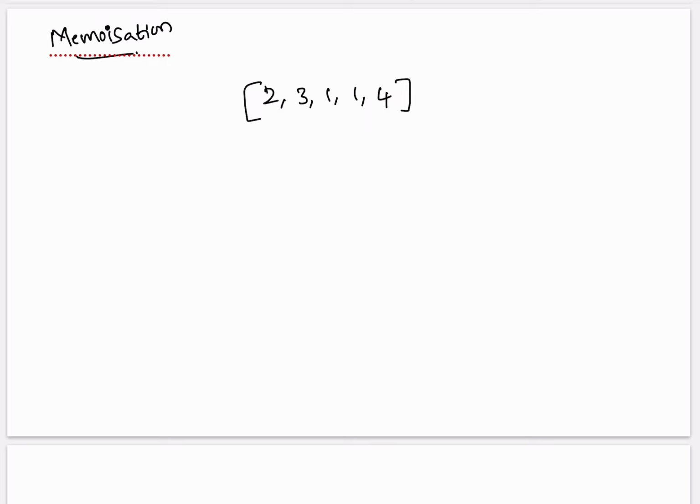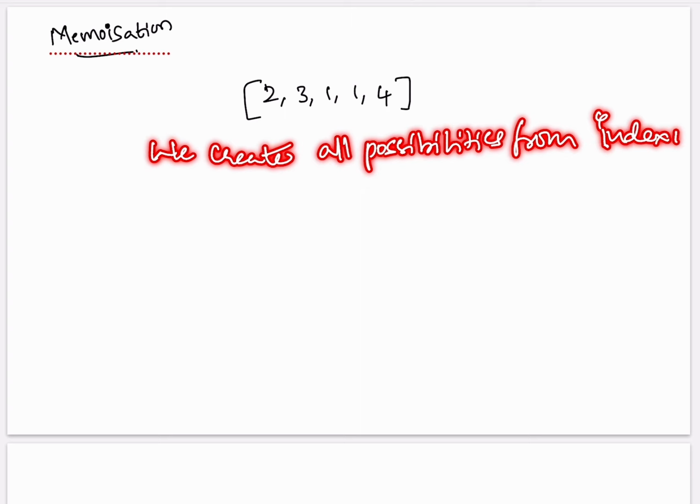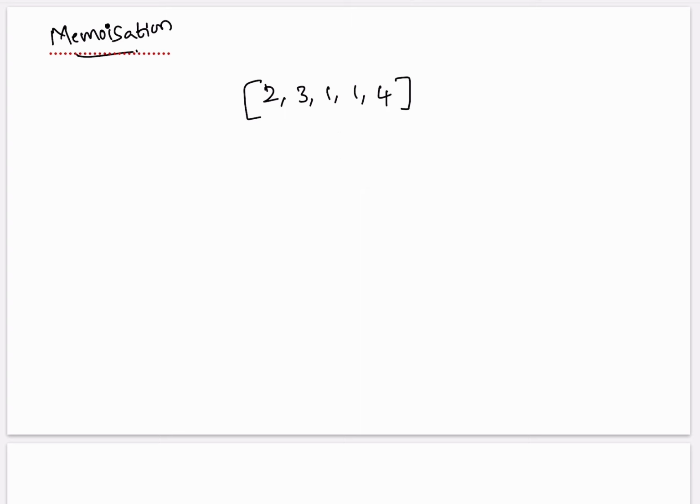So first we create all possible choices. We create all possibilities of jumping from index i. Now let's say we are at index 0, which is f of 0.